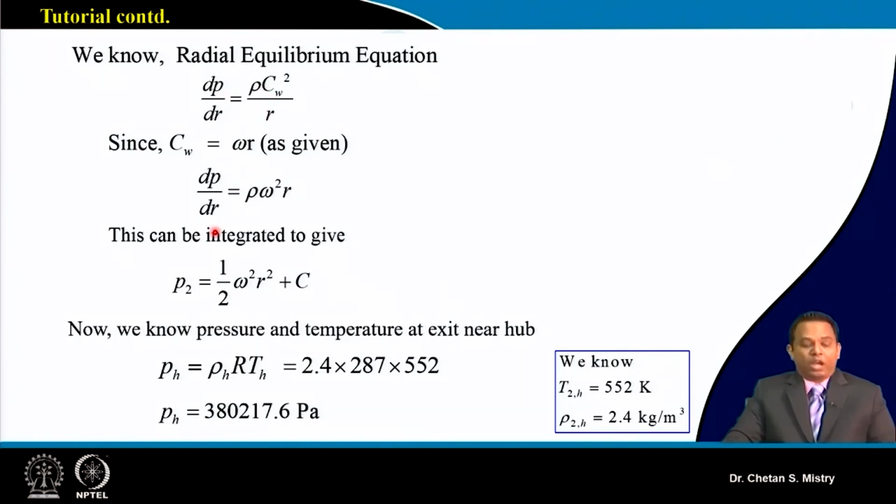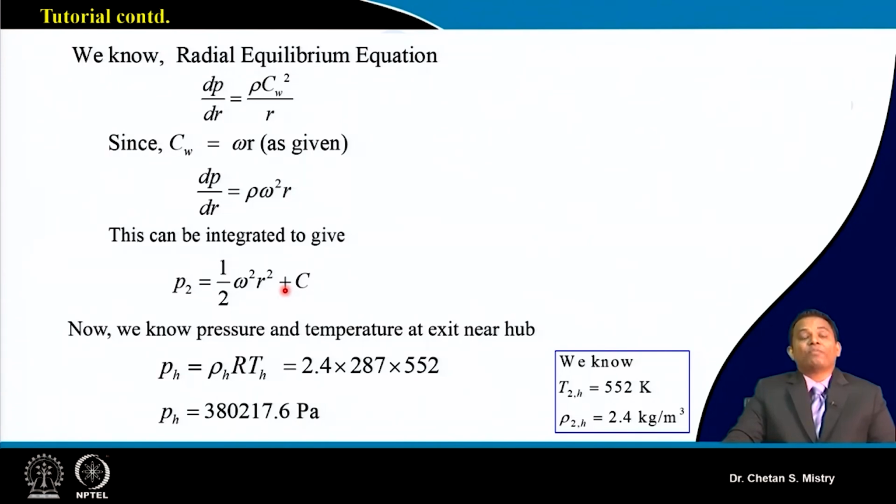Now in order to calculate my pressure, we can integrate this equation. On integration, my pressure is given by half rho omega square r square plus some constant c, which is the integral constant. And as we have discussed, our static density and static temperature at the hub are known to us.